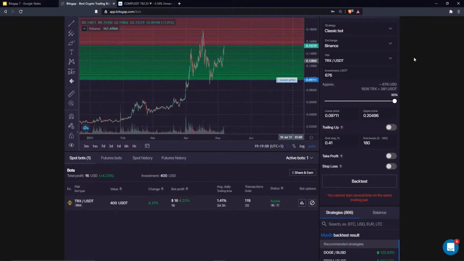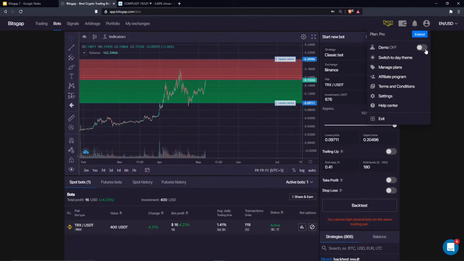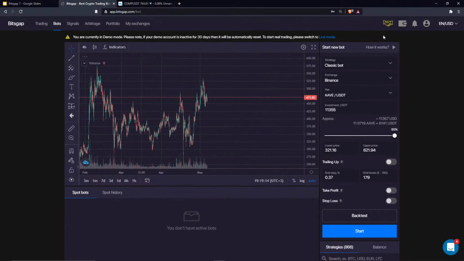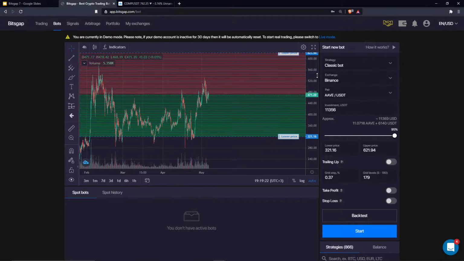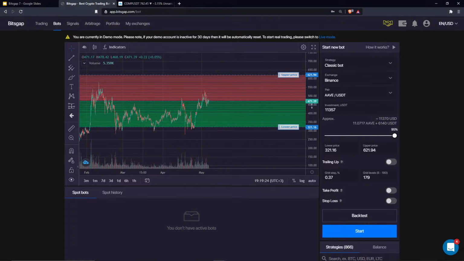So yeah, let's go back to the demo mode. By the way, in the demo mode you have virtual money to trade with. It's a cool feature, because basically that's the market simulator mode, risk-free.